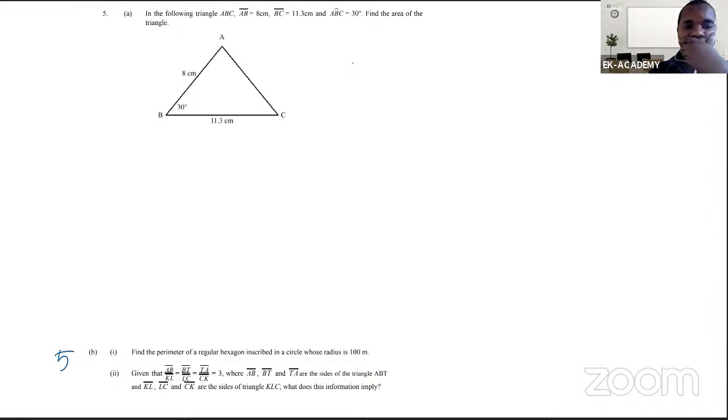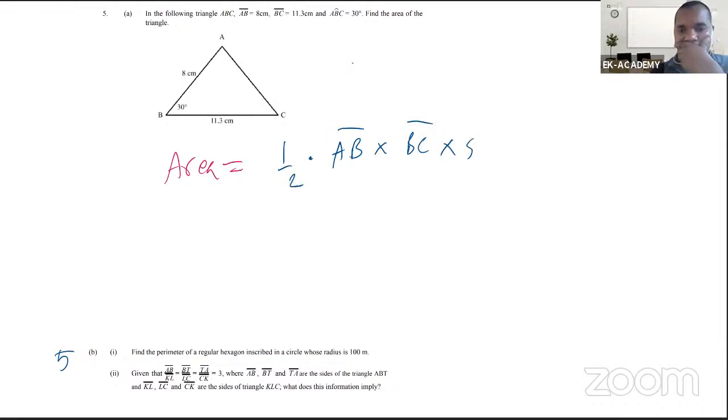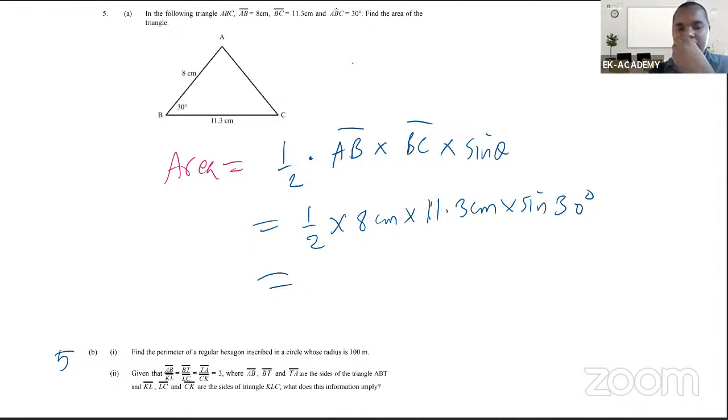So the area here, you remember the formula, the area will be a half times AB times BC times sine theta. So area will be a half times AB, 8 centimeters, times 11.3 centimeters, times sine of 30 degrees. And the area will be a half times 8 times 11.3 times a half again.